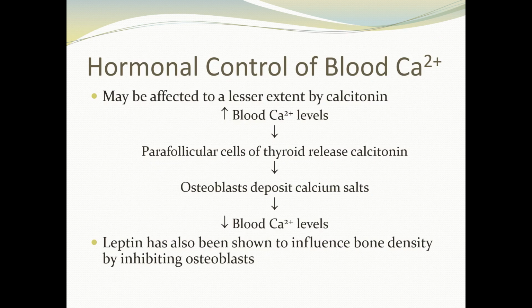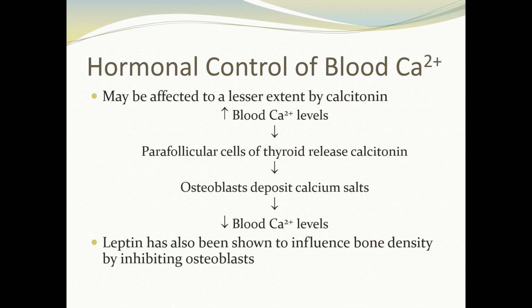There's also another hormone called calcitonin, and this has a lesser effect because this only occurs when there is an increase in blood calcium levels or after mechanical force from like exercise. And so what calcitonin does is it's going to respond to the increase in blood calcium levels, and the thyroid will release calcitonin.